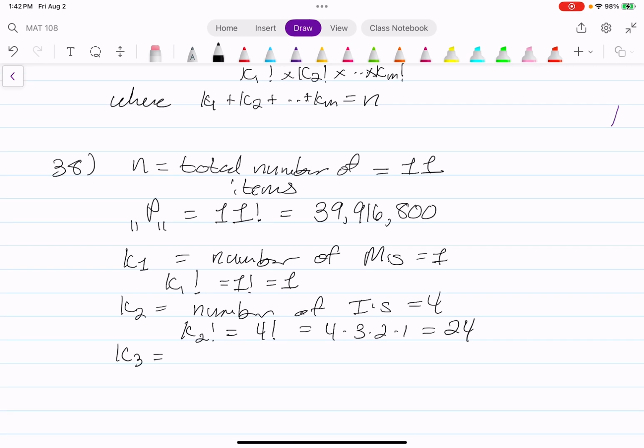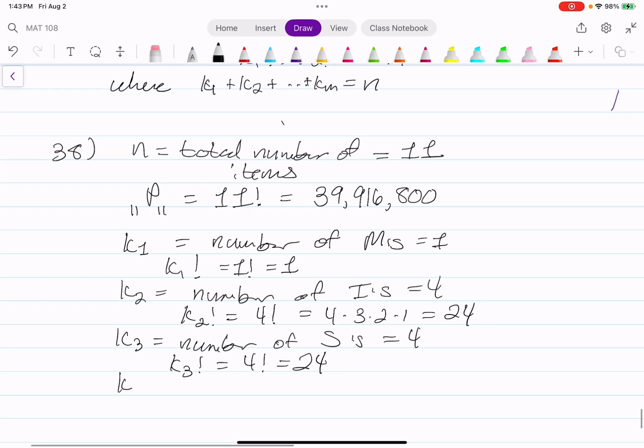k sub 3 is the number of S's in the word Mississippi. And there are also 4 S's in the word Mississippi. So k sub 3 factorial is the same as 4 factorial, which is 24.